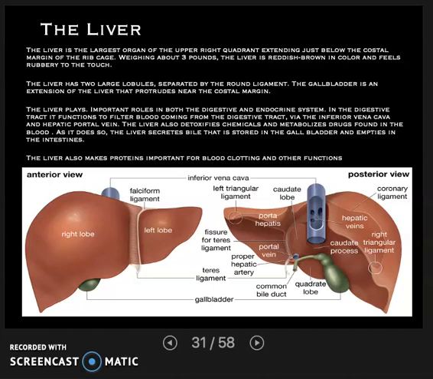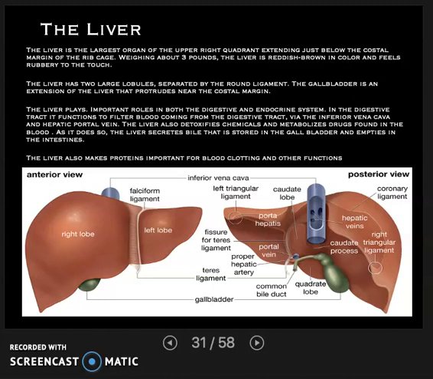Remember, the liver has a major role in detoxifying and filtering your blood for good substances as well. And it does that through this massive vena cava that comes through the center of the organ. And then blood is channeled out into the liver and comes back through something called the portal veins.